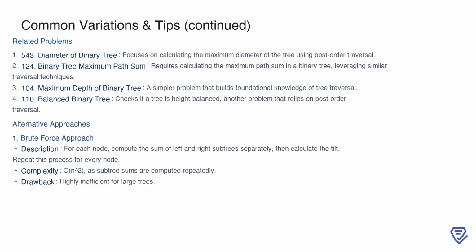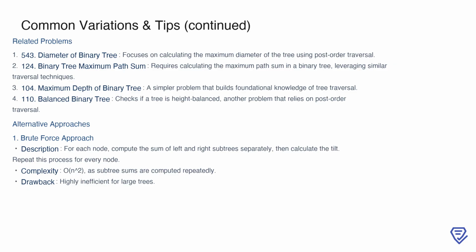This problem shares similarities with several other tree-related problems that you may encounter. For example, problem 543, the diameter of binary tree, also uses post-order traversal to calculate the maximum diameter of the tree. Similarly, problem 124, binary tree maximum path sum, involves finding the maximum path sum in a binary tree and relies on comparable traversal techniques.